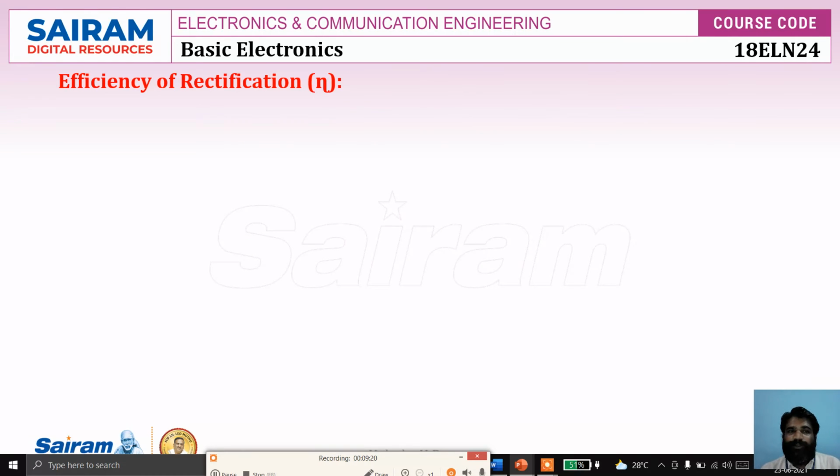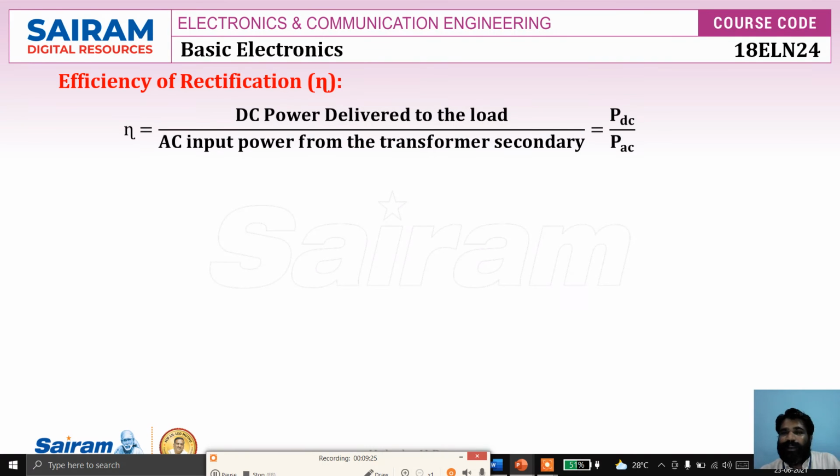Now we'll see the efficiency of rectification. It is defined as the ratio of the DC power delivered to the load to the AC input power from the transformer secondary. That means PDC divided by PAC.